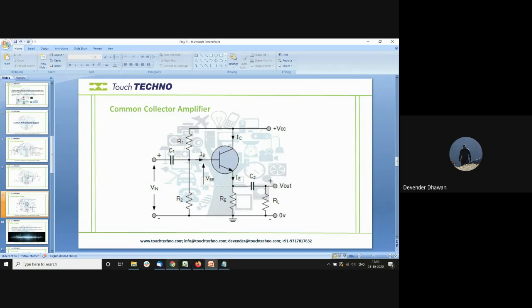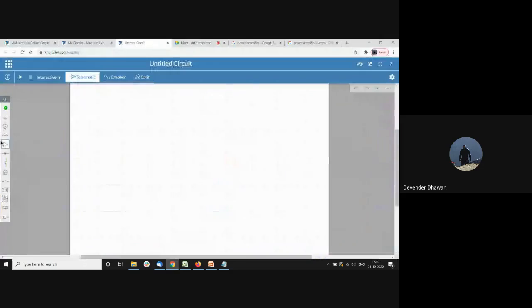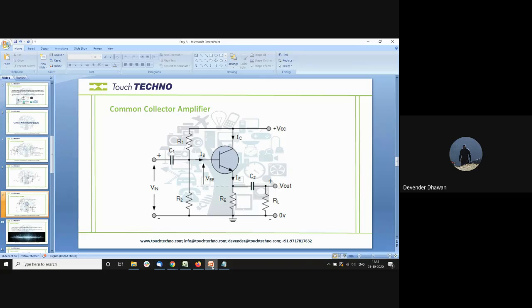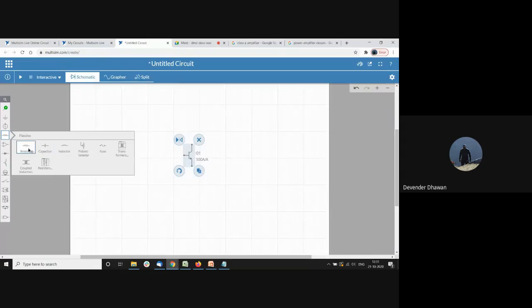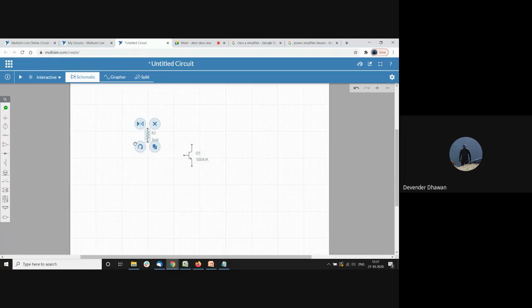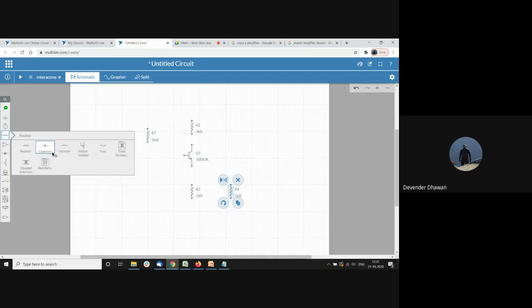So let us try to make this one. One transistor. Then what all do we need? One, two, three, four resistances and two capacitors.